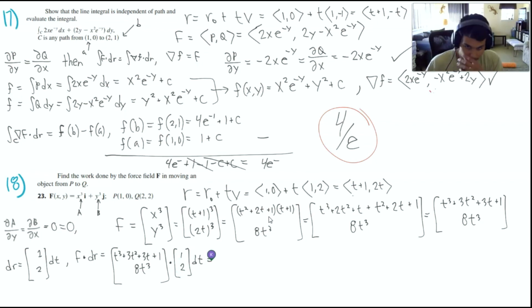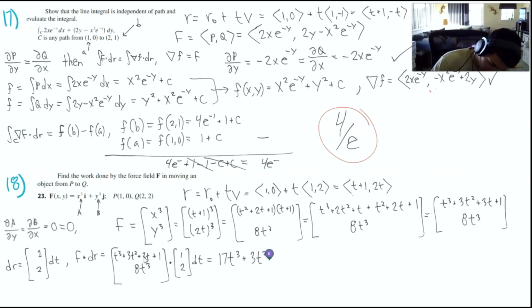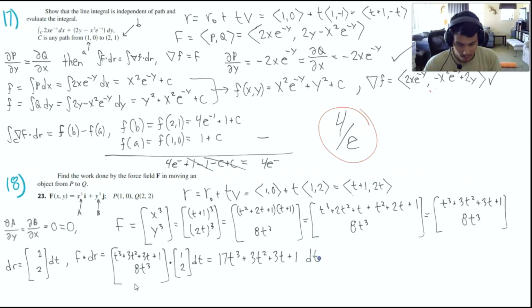What does this turn into? Well, this thing stays the same because it's just times 1. This thing turns into 16t cubed. So 16t cubed plus all of this is 17t cubed plus 3t squared plus 3t plus 1 dt.